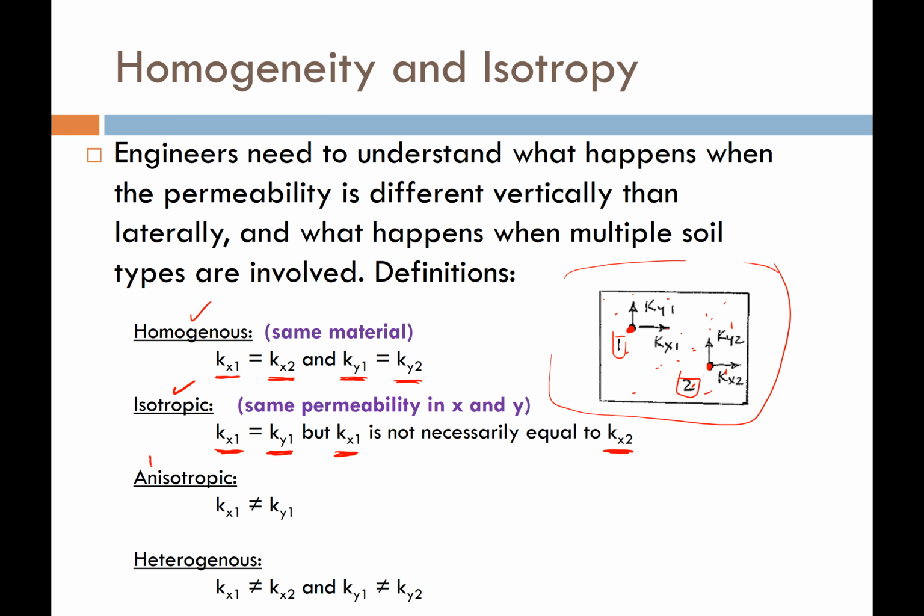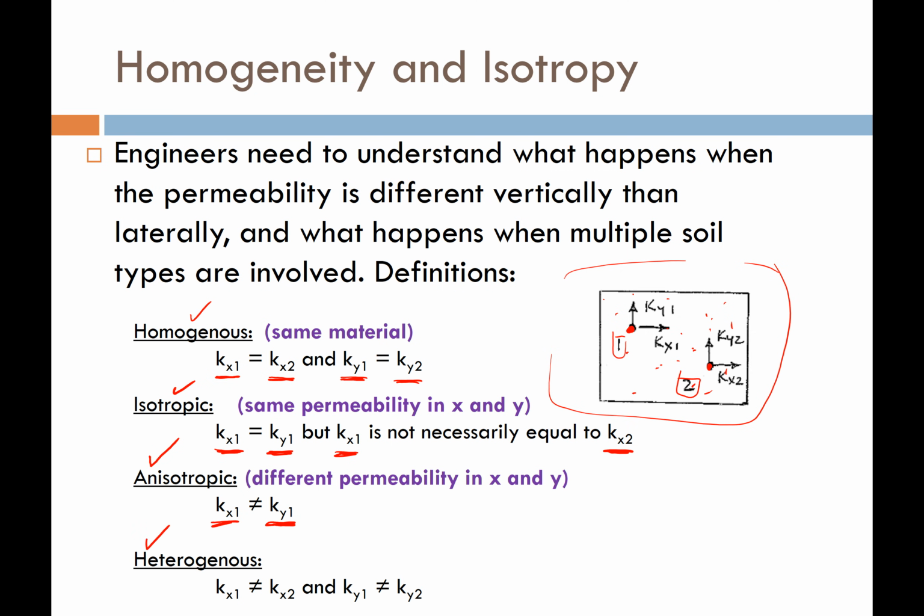If we call the material anisotropic, that's the opposite of isotropic. What we're saying is that the horizontal conductivity is not equal to the vertical conductivity at any point in the soil. So it has a different permeability or conductivity in the X and Y directions, and there could be, like we said before, different materials between point 1 and point 2.